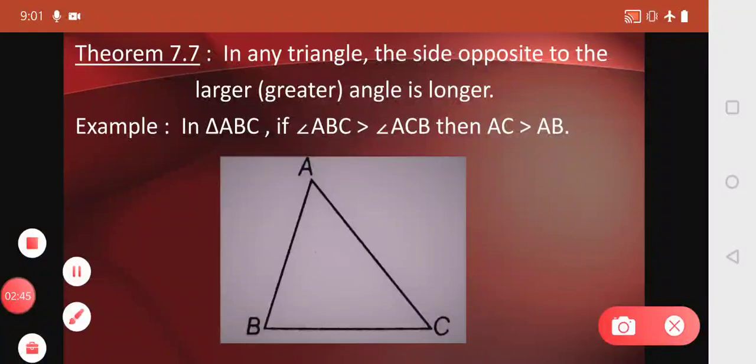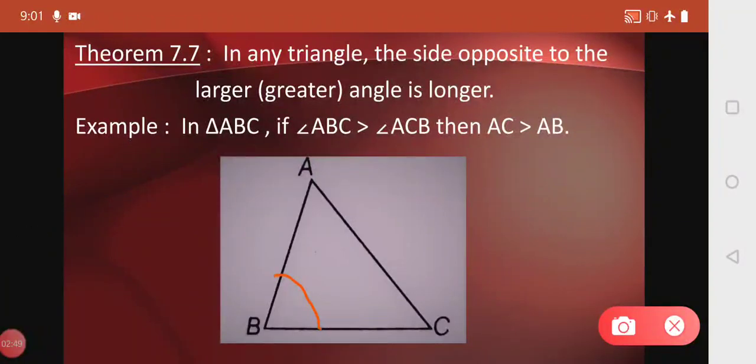You can see that it is given that this angle ABC is greater than angle ACB. So, the side opposite to angle ABC is this side, AC. So, AC will be greater than this side, that is AB.